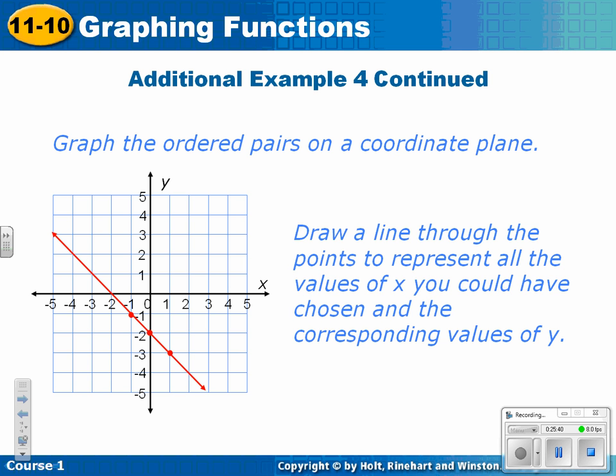It crosses it at 1. How about when x is 2, what is y? What do you want to guess, Cesar? Give me a shot. When x is 2, it crosses at -4. Very good.